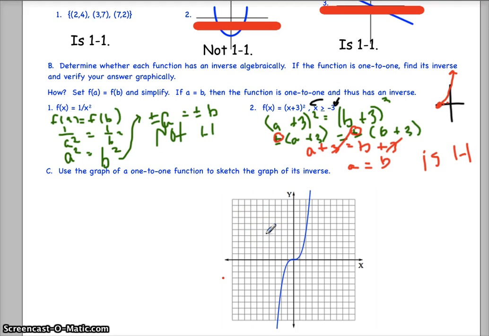So in order to graph this, first, plot a couple of ordered pairs. I see that I have an ordered pair at -1, -1, at 0, 0, at 1, 1, and then I also see that I have an ordered pair at -2, -4, and at 2, 4. Remember what we learned earlier about the relationship of inverse functions.